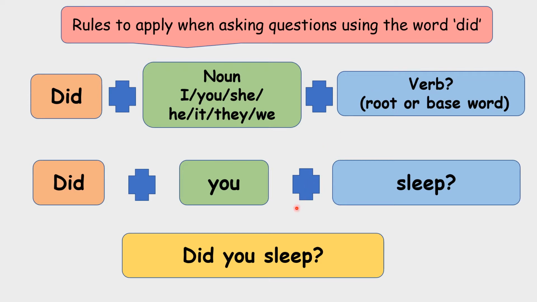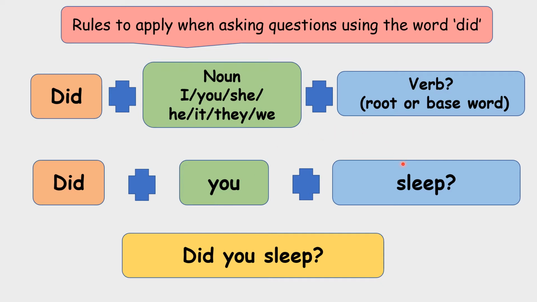Okay, let's go through the given example. All right, we start with the word did, followed by the pronoun or the noun. Here we use the pronoun you, and then the verb sleep.